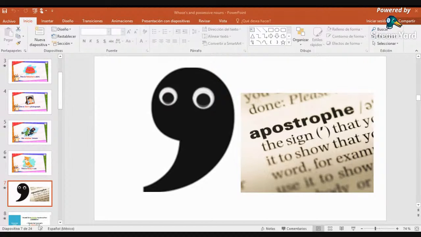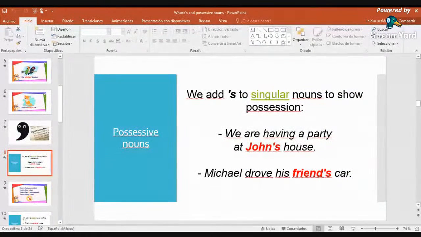Yesterday we watched a video, and I have here the explanation. Remember, we need the apostrophe and the S for singular nouns. Remember that a noun could be an object, a person, a place, an animal.